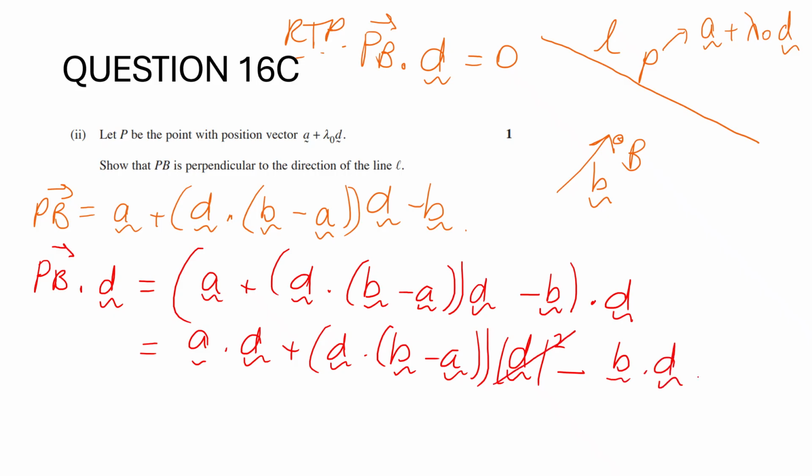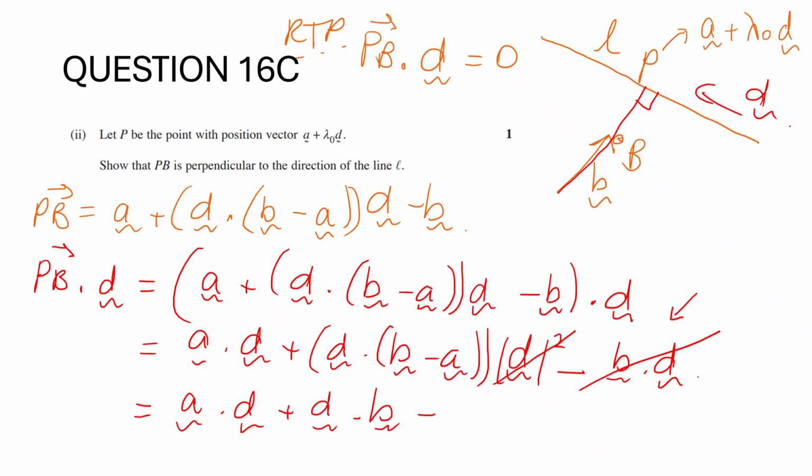We also know that B is perpendicular to D, so that's equal to 0. Expanding, A dot D plus D dot B, take away D dot A, is equal to 0 because D dot B is equal to 0. Therefore, PB is at right angles to, or perpendicular to, the direction of line L.